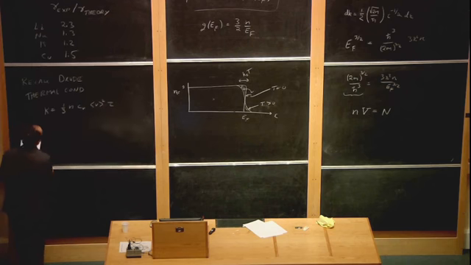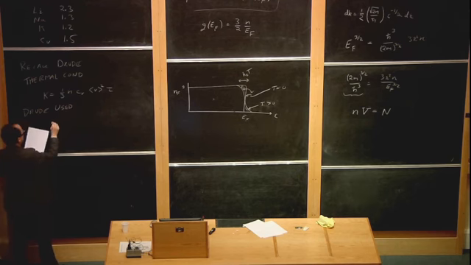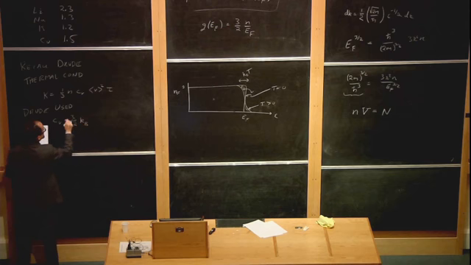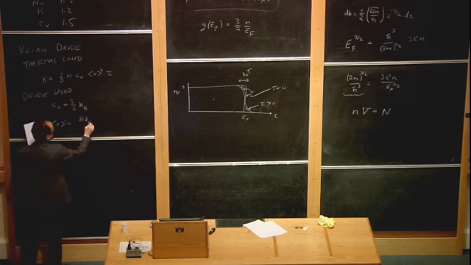And Drude used these things that we don't like anymore: CV is 3/2 kB, the classical result, and he also used the classical result for v squared, 8 kBT over pi m.